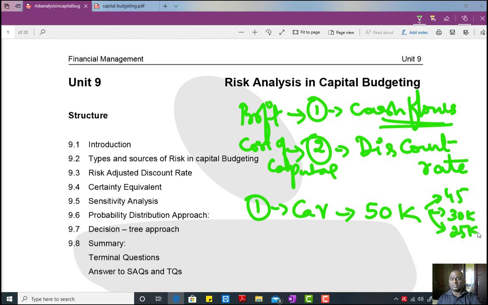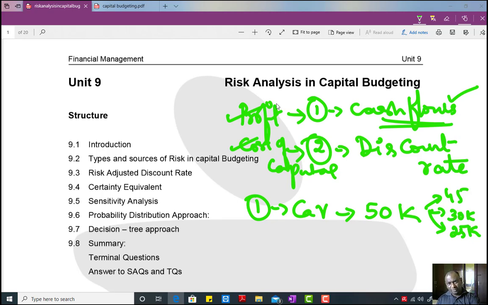If you are running an Uber vehicle, it is not a fixed rent, so I cannot estimate the cash flow with certainty. In the problems we did in your first semester and in the last tutorial, the cash flow was very clearly given, with no risk component where I can apply probability. In working out both the cost of capital and the profit, we may not tell with certainty what cash flow we will get in the future.